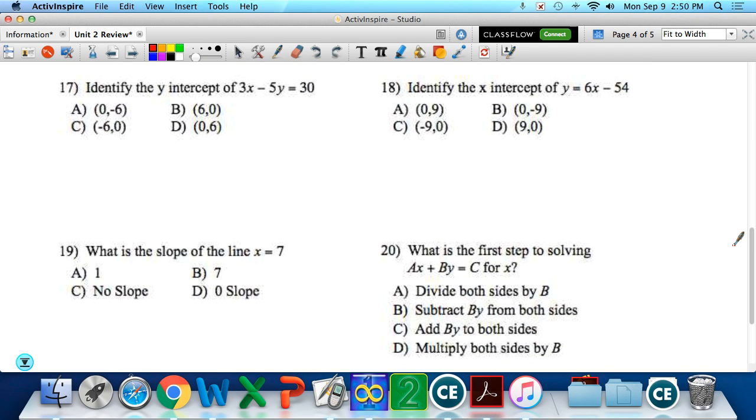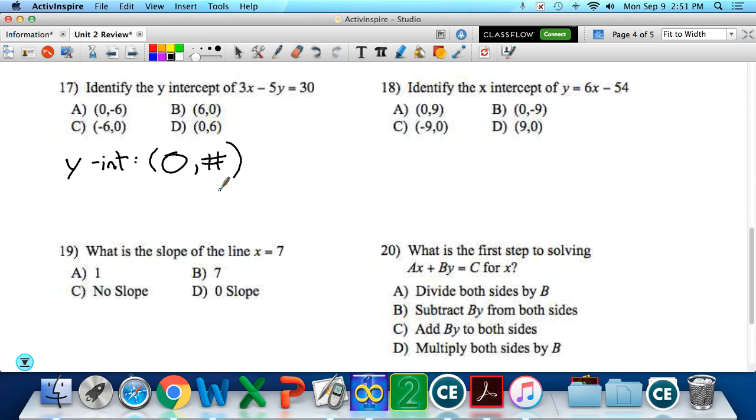Number 17, this is the old cover it up sort of thing. A y-intercept, by definition, means the y is the important number. So the y can be anything, it's important. But the x is useless here. It's always 0. And I just said it's useless, but it's what gives us all the power in this equation.